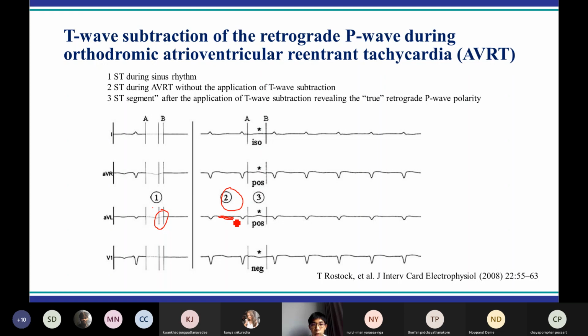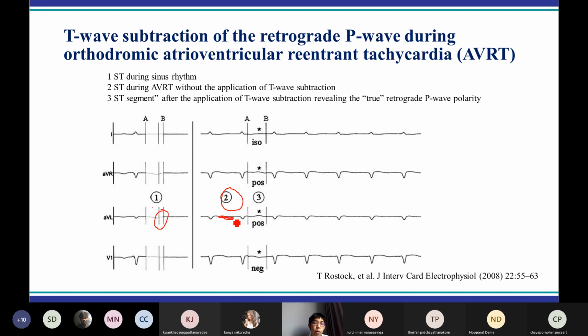So during the tachycardia, the retrograde P wave, which goes up into the atrium, has to be positive, because it is the sum of the T wave in normal sinus rhythm and the retrograde P wave.